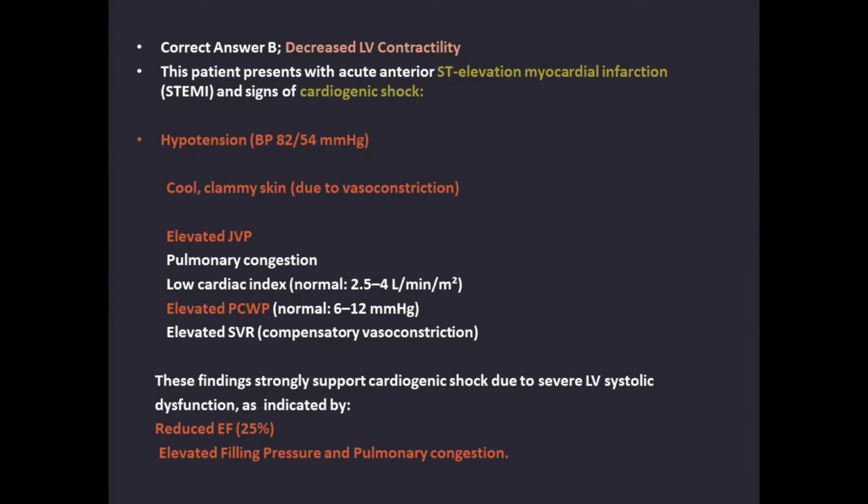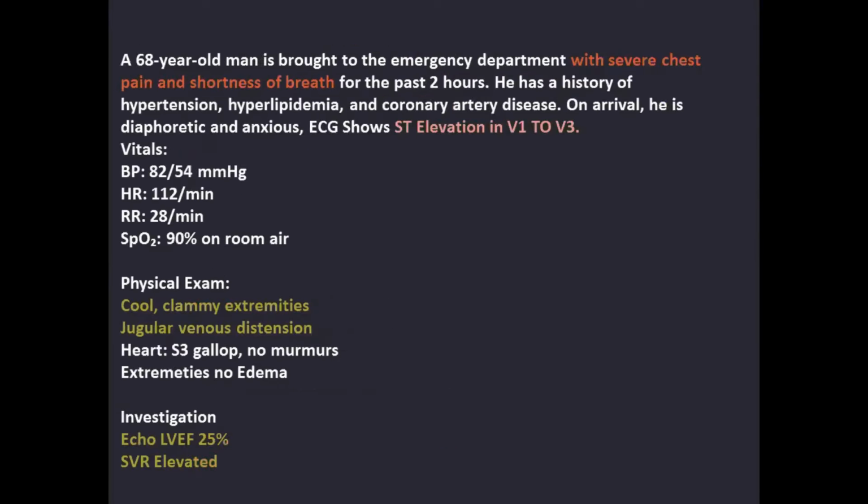Most probably it's the left ventricle. And the signs of cardiogenic shock, like cold, clammy extremities, jugular venous distension, elevated systemic venous resistance, and most importantly, decreased ejection fraction.